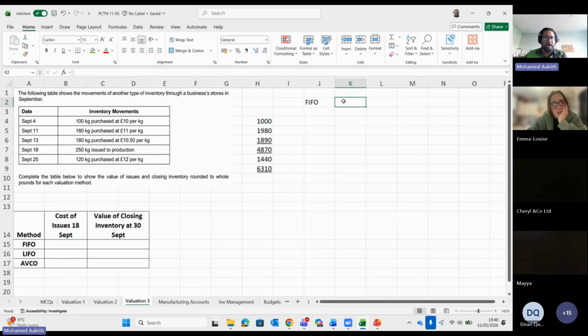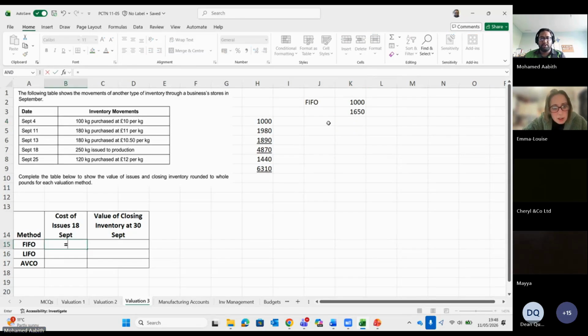So here I have 1,000 pounds, and then also 150 kilograms times 11 pounds. So altogether, the value of my issue is going to be this plus that: 2,650 pounds.